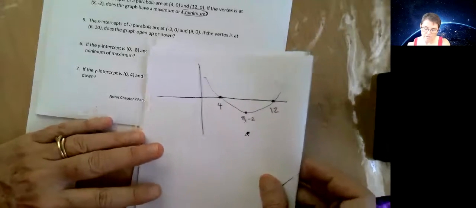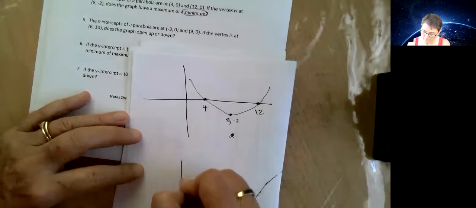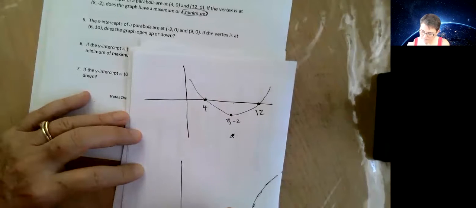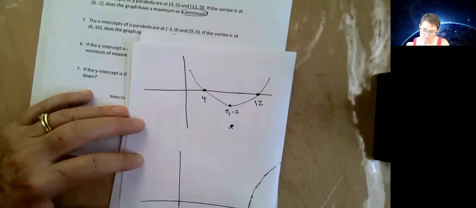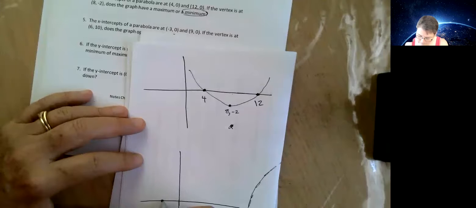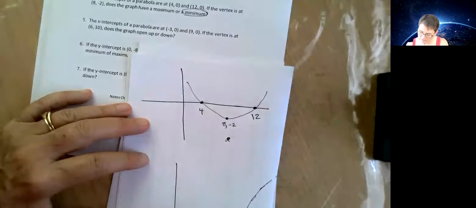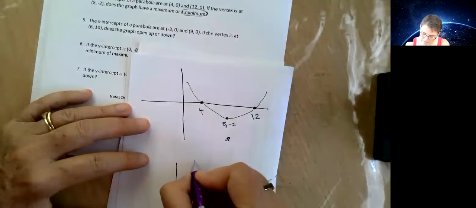All right, the x-intercepts of a parabola are minus 3 and 0 and 9 and 0. And the vertex is at 6 and 10.